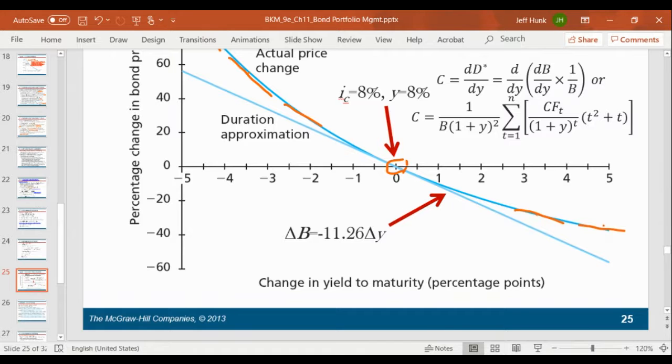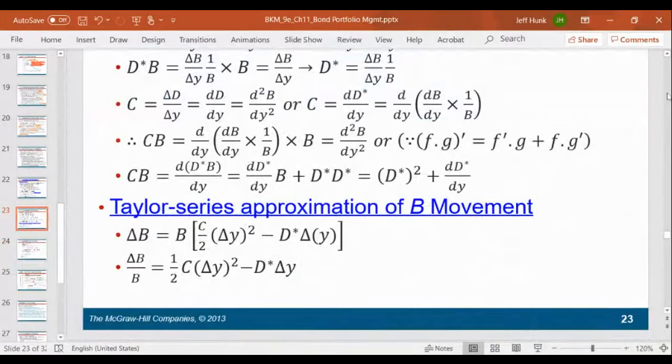Because a slope is a linear function, but a curve, if this is curvilinear, it's an exponential function, but at least we can capture it in a quadratic function and approximate that curvature by a second order function. Okay, so that's what the convexity does.